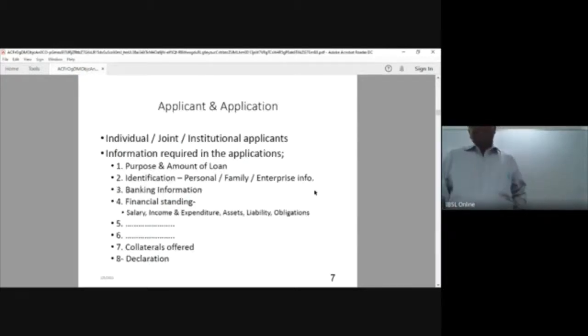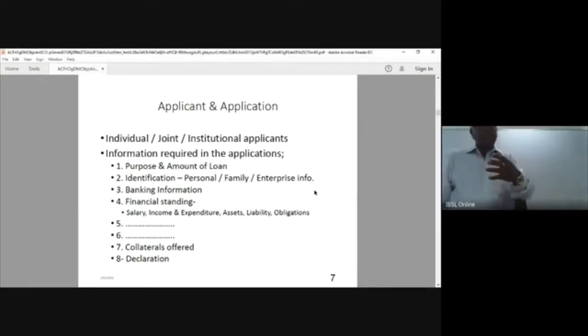Applicant and application. One by one we go. There can be individual, joint, or institutional applicants. Maybe an individual customer, mainly for consumer credit facilities, or maybe joint customers or institutional applicants.